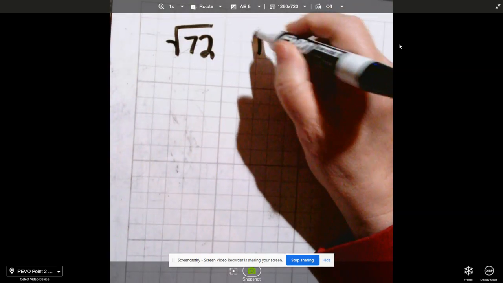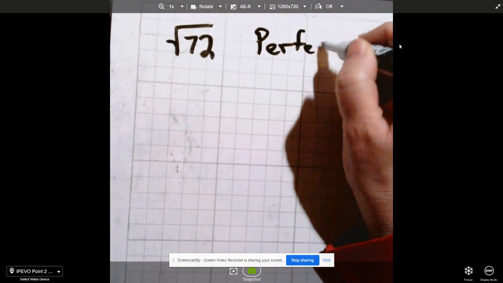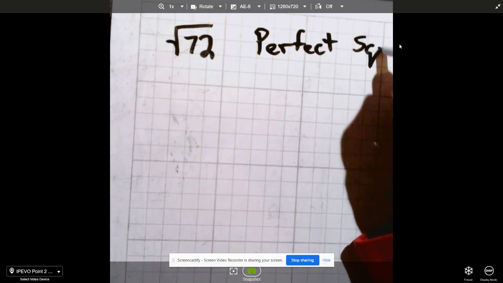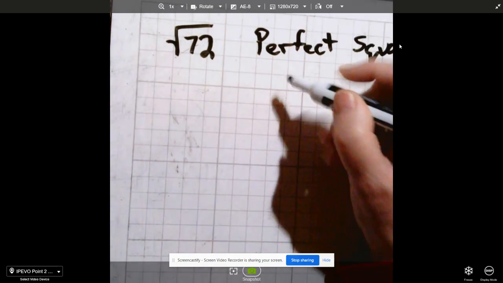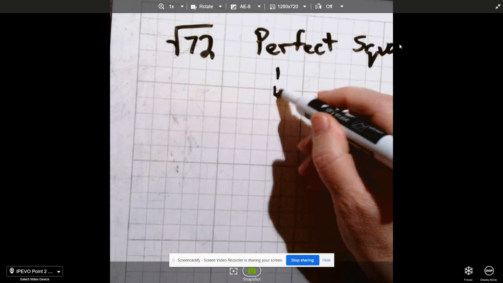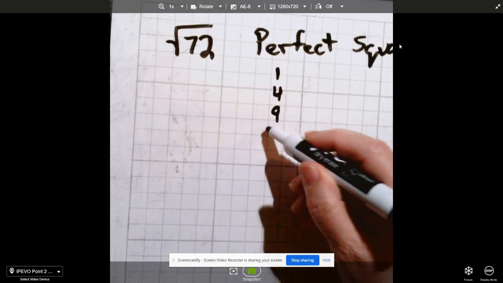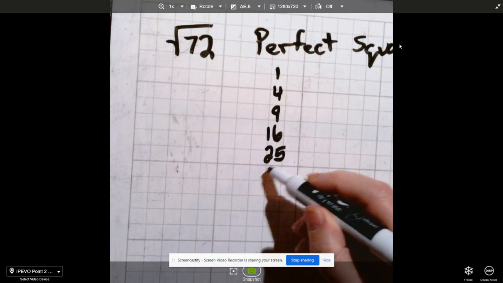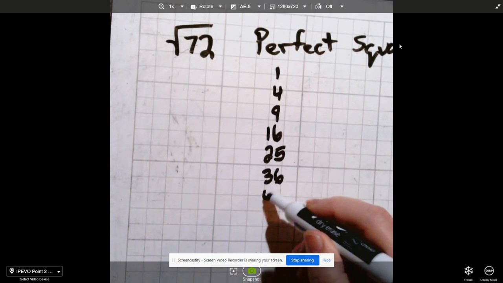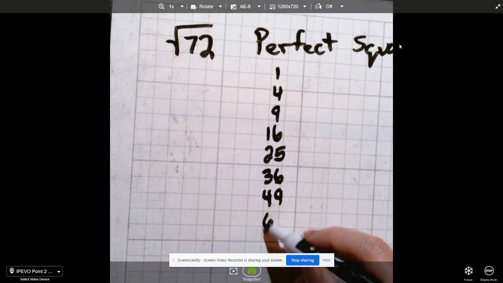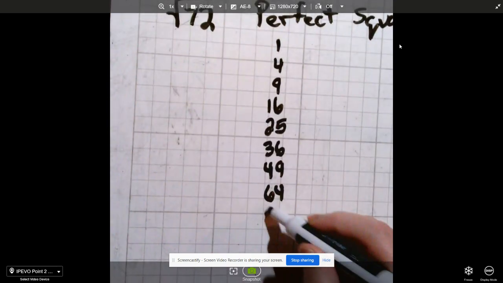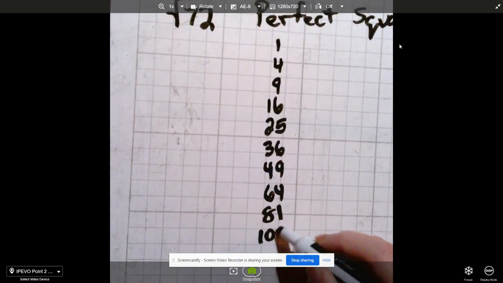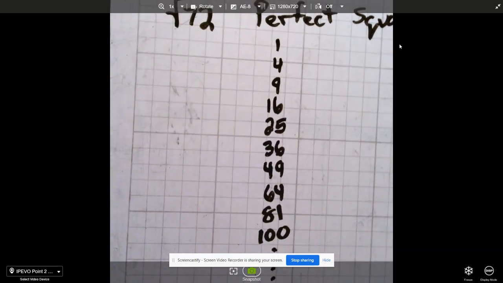In order to use the perfect square method, you need to know what your perfect squares are. So, for instance, 1 squared is 1, 2 squared is 4, 3 squared is 9, 4 squared is 16, 5 squared is 25, 6 squared is 36, 7 squared is 49, 8 squared is 64, 9 squared is 81, 10 squared is 100, and so on.